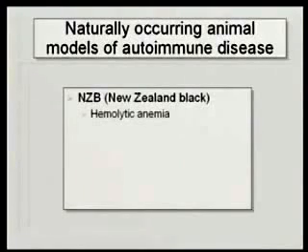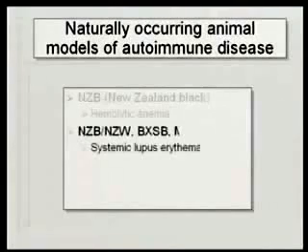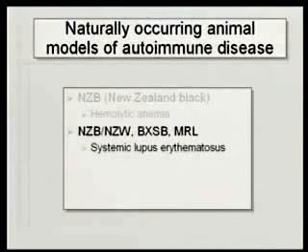Take these mice and cross them with another strain, New Zealand white mice, and now they become autoimmune. That's the lupus model. So that gives you an experimental basis for the hypothesis that there is genetic predisposition to disease. And then different genetic backgrounds may determine what organ and what antigen the autoantibodies will be against.